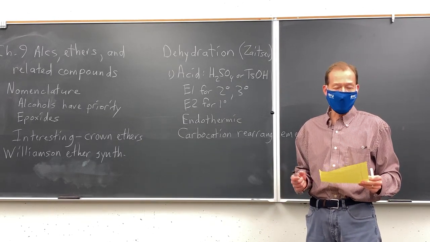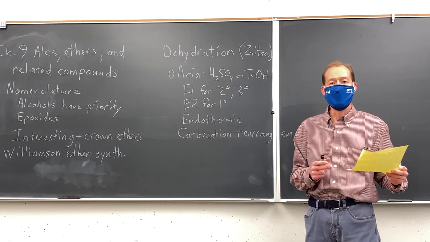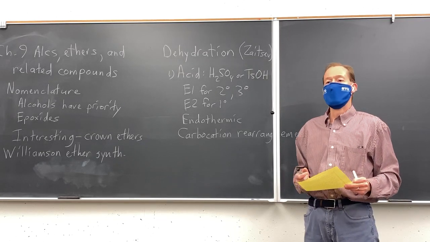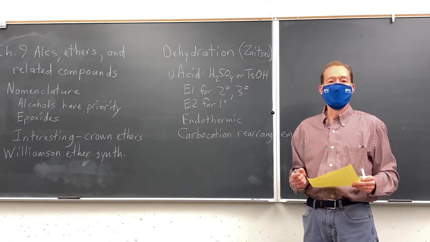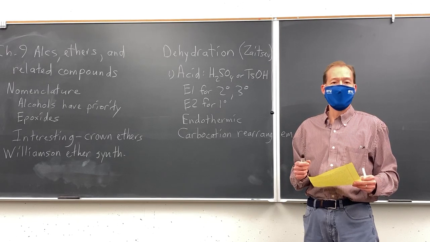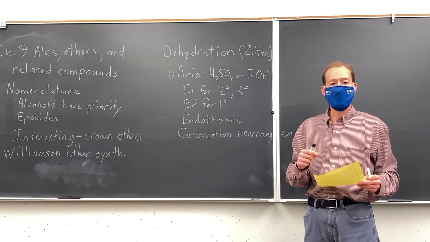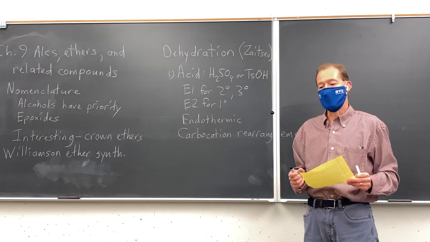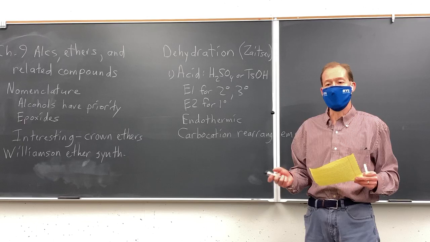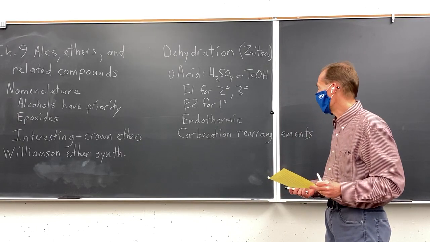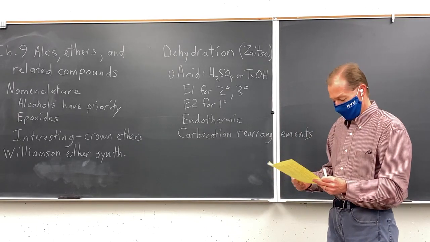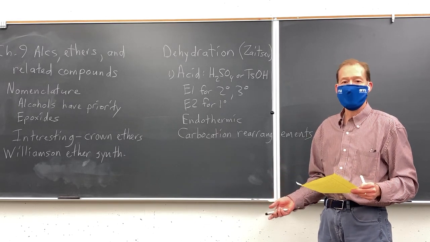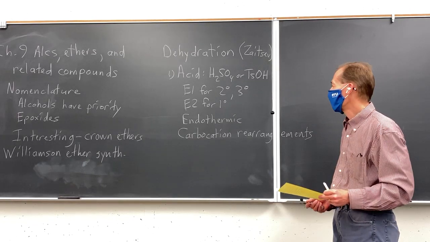Number one, it will only occur if the rearranged carbocation is more stable than the original carbocation. And number two, it will only occur via shift of a hydrogen atom or an alkyl group from one of the adjacent carbons, one of the beta carbons adjacent to the positively charged carbon. So those are the two things to look for with carbocation rearrangements, which can happen in any reaction that has a carbocation intermediate.